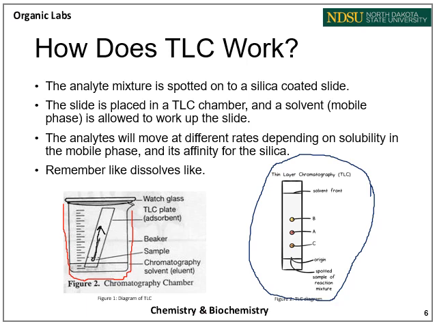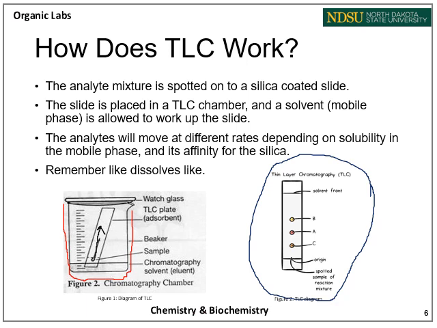These analytes will move at different rates depending on the solubility in the mobile phase and their affinity for the silica. The more polar molecules have a high affinity for silica, which is a polar molecule, and will move slower than the nonpolar molecules that have less of an affinity for the silica and will therefore move at a faster rate.